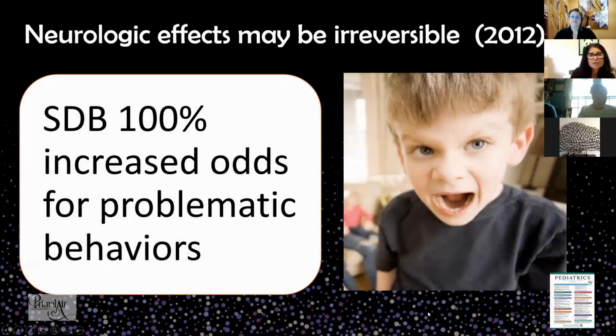So neurological effects may be irreversible on kids that have sleep disordered breathing. And because they have problematic behaviors like ADHD, ADD, kids that are diagnosed with ADD and ADHD, I was just looking at a paper, it goes from 25% to 80% of kids that are diagnosed with ADHD or ADD actually have sleep disordered breathing problems.